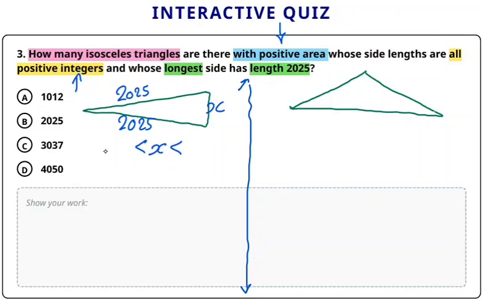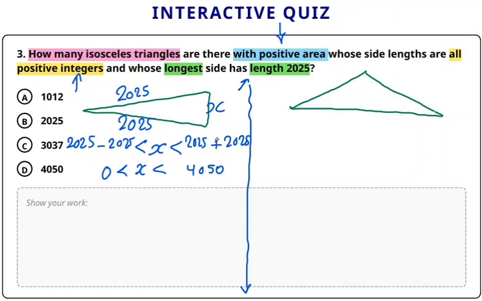So x is greater than the difference between the two side lengths, 2025 minus 2025, so the answer is 0. So x is greater than 0 and less than their sum, 2025 plus 2025, which is 4050. So x is between 0 and 4050.